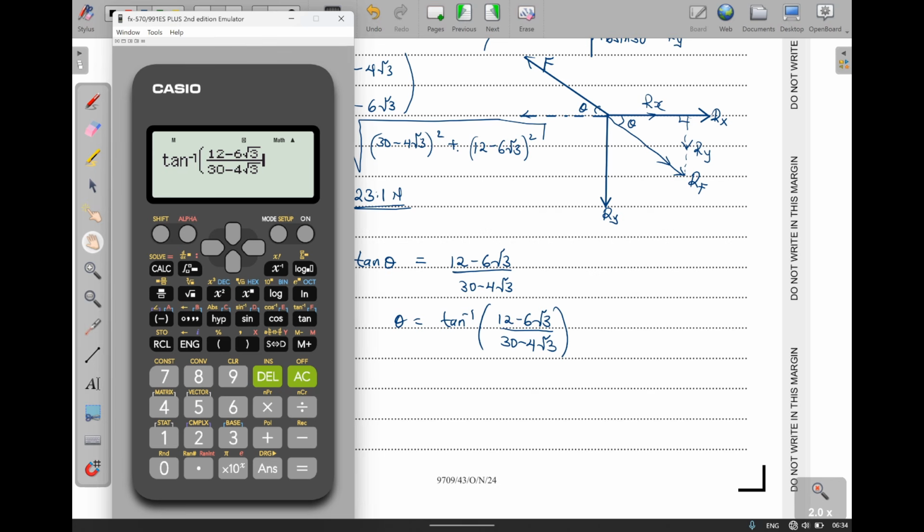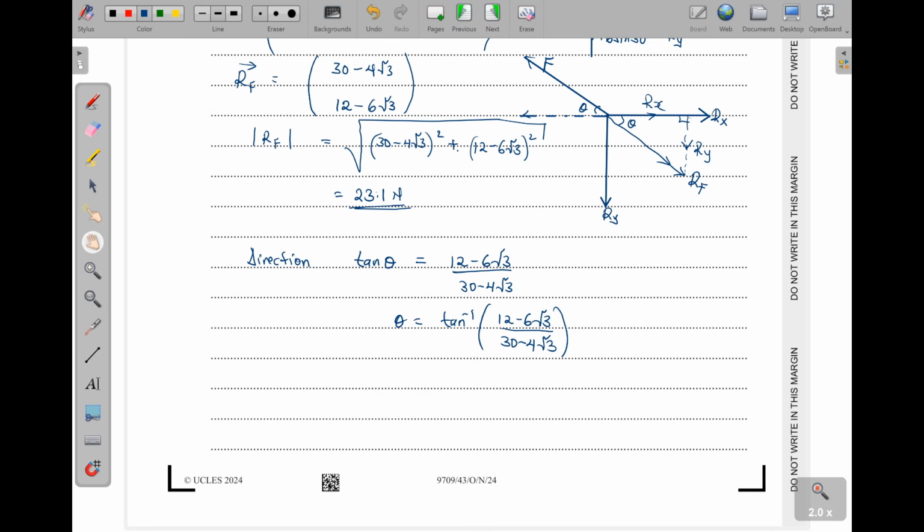Putting all of this in the calculator, we shall get our answer as 3.98 and the rest of that, but to 3 significant figures, I will have 3.99. Then this is the one that I will put here, the 3.99.